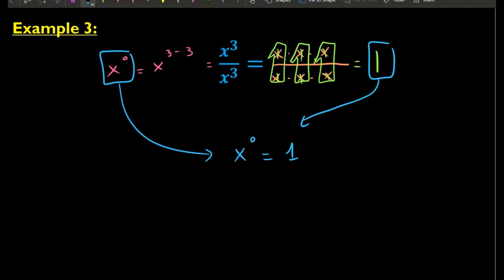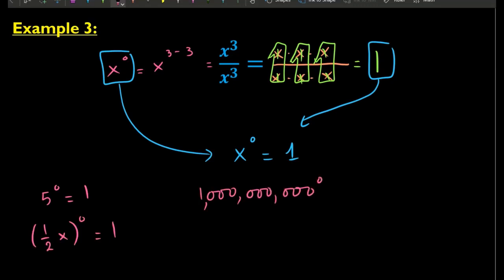As a matter of fact, anything raised to 0 is going to be 1. Like 5 raised to 0 is going to be 1. 1 half x raised to 0 is 1. A million raised to the 0 power will be 1. Whatever is raised to 0 is 1.